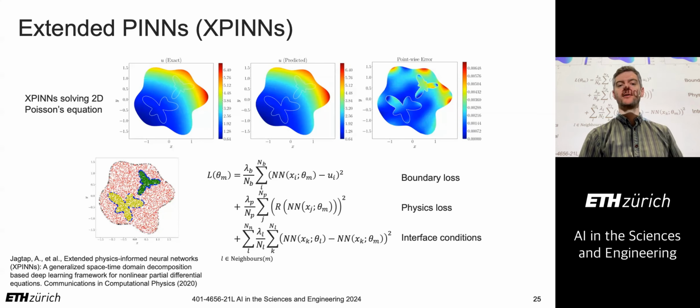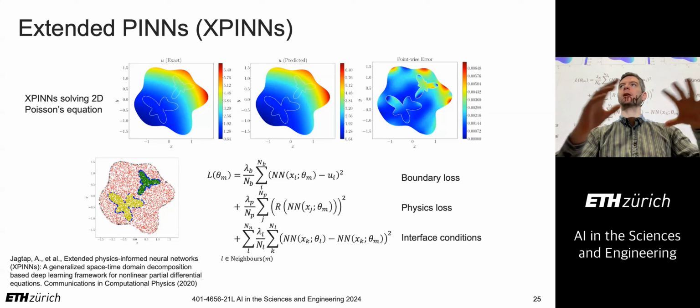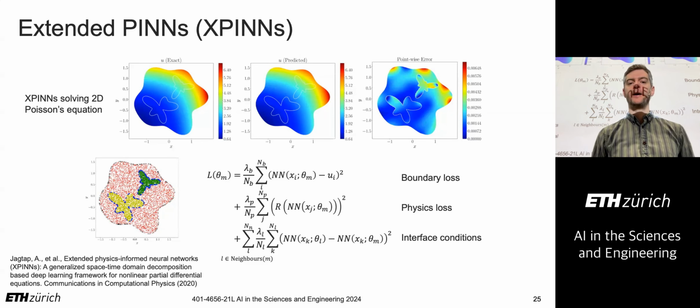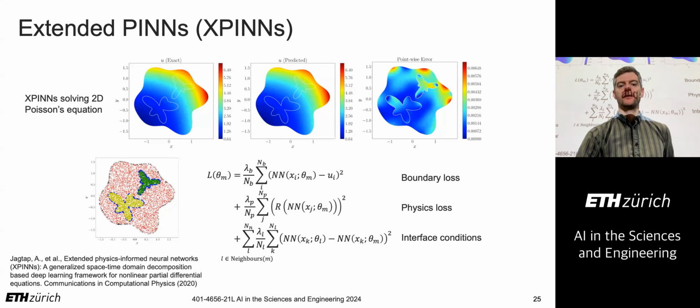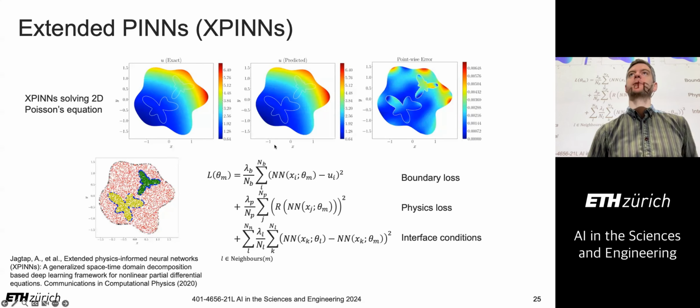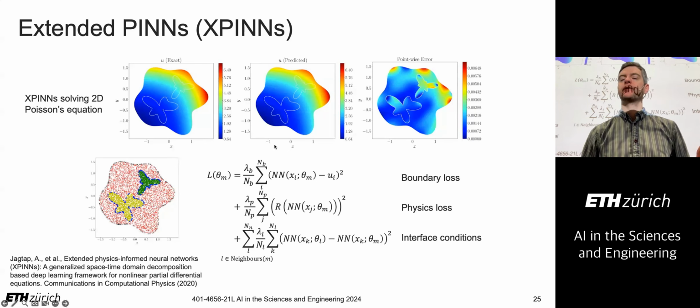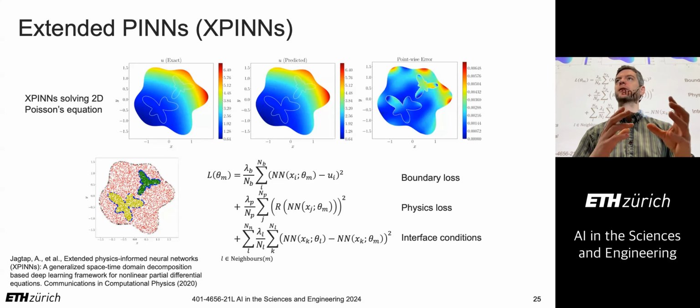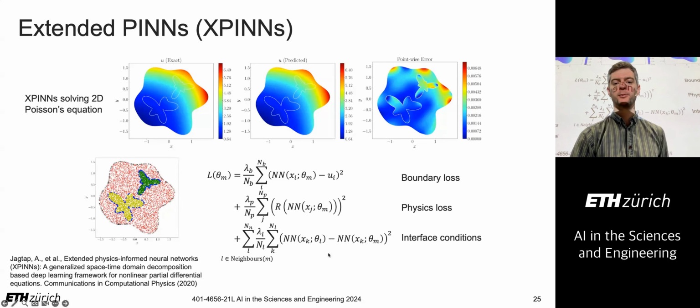And that's the really important extra term that ensures communication between the solutions and makes sure that the solution globally as a whole obeys the global boundary conditions and connects properly. This is a general property of any domain decomposition method for solving differential equations: they inherently have to have some communication between the subdomains to be able to solve the global problem. And this is where it turns up in these extended PINNs.